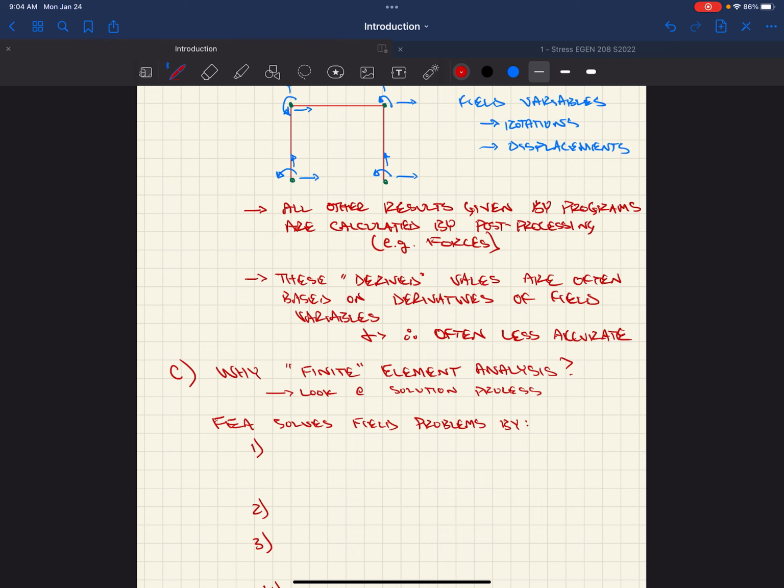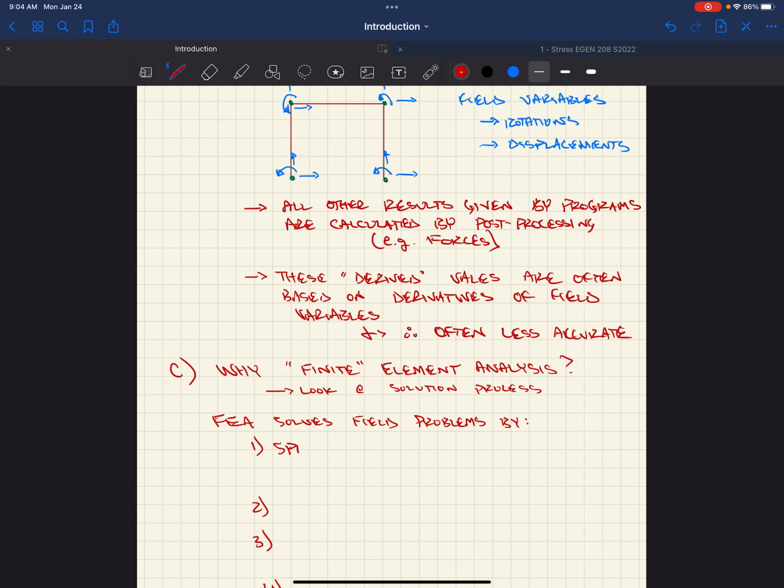How does that start? Well, the first step, as I mentioned, is splitting up our problem into finite regions. When we do our mechanics of materials formulations, if you had an indeterminate beam, we start looking at how deflections result in order to get solutions.